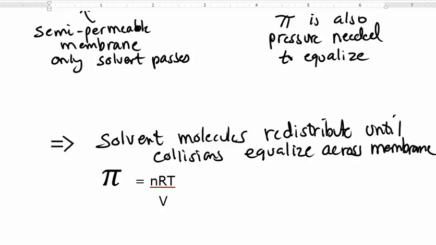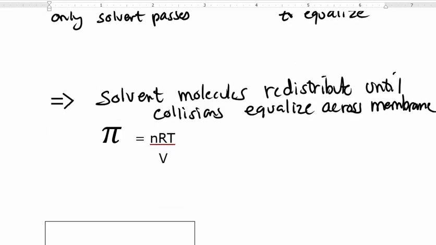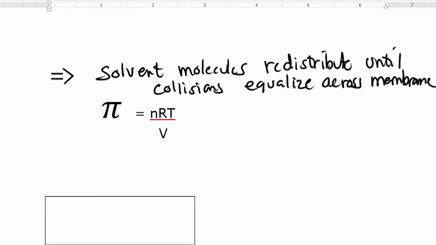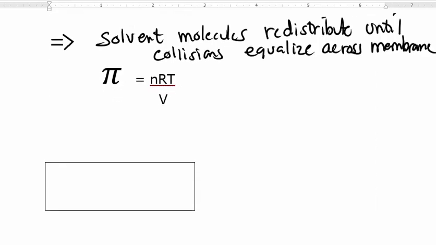The expression for the osmotic pressure, this capital pi, is given by nRT over V, where n is the number of moles of solute, T is the temperature, R is the gas constant, and V is the volume. This looks a lot like the ideal gas law. It isn't about gases, but it is analogous to that kind of pressure. But we can look at this and realize that n over V is moles per volume, which is molarity when you're talking about solutions.